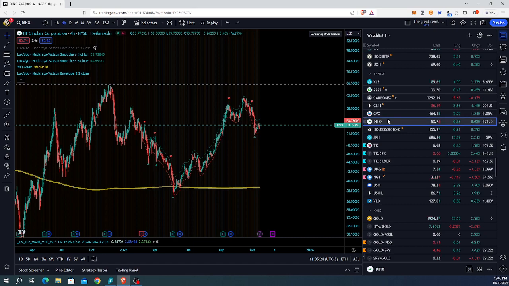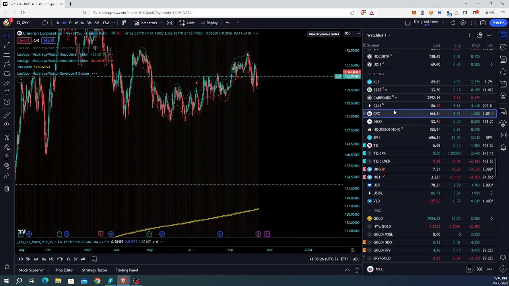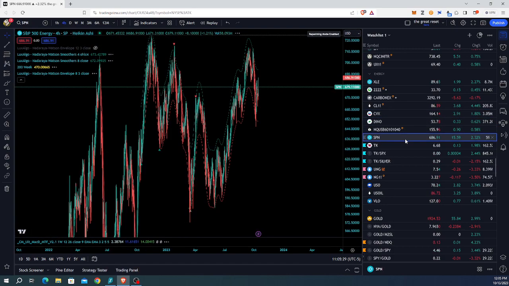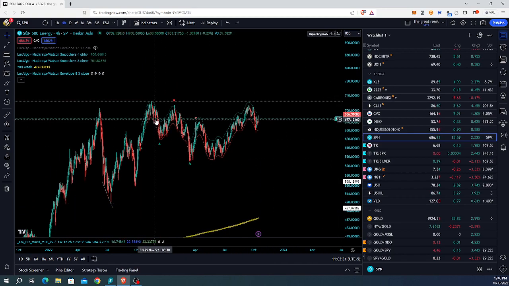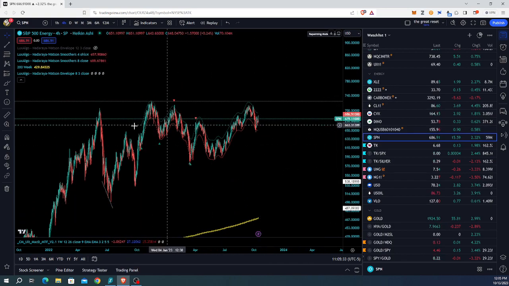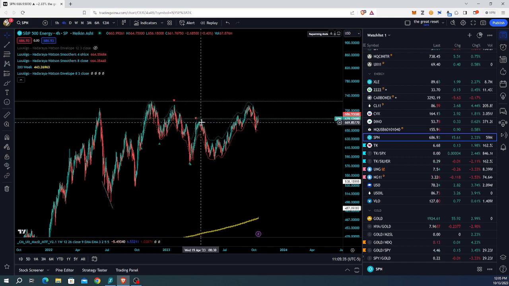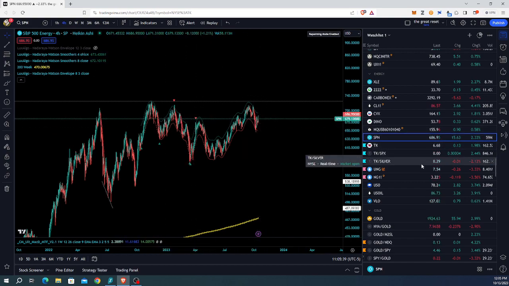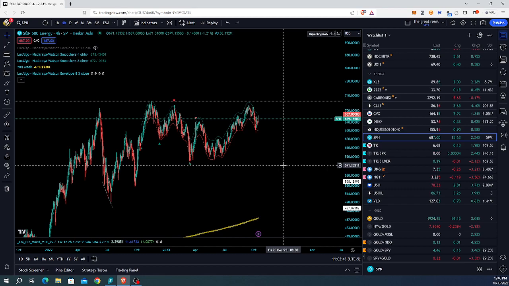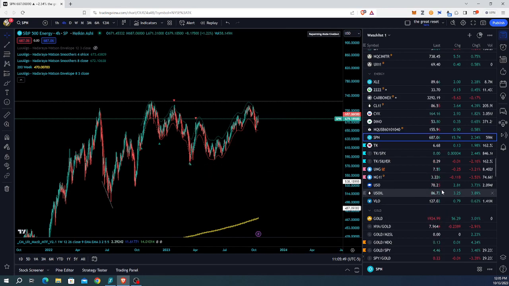So here's Sinclair, here's Chevron. What is this? This is the energy section of the S&P. You can see we're still sitting very, very close to all-time highs if we're looking at energy specifically, which would totally make sense. The strength of the dollar's gone up, the price of oil's gone up. Energy is still expensive relative to other things.